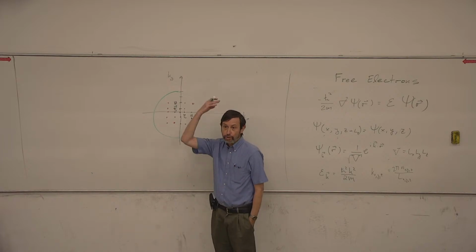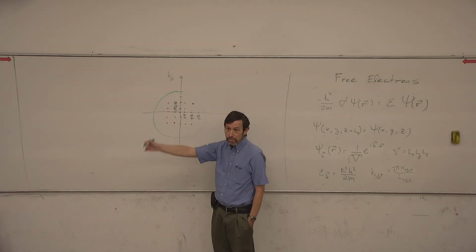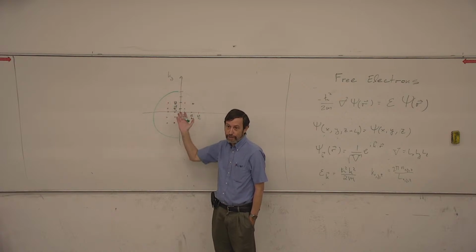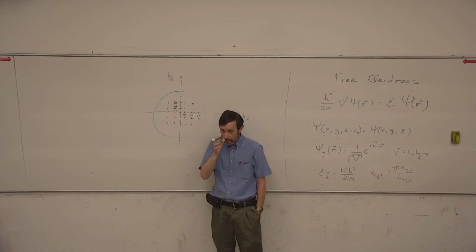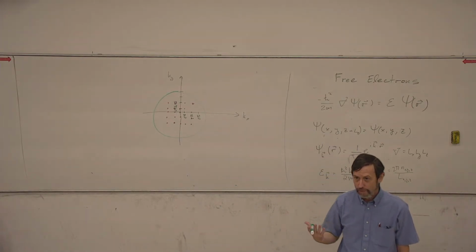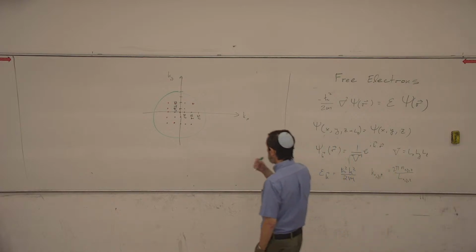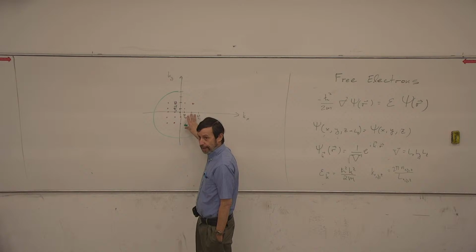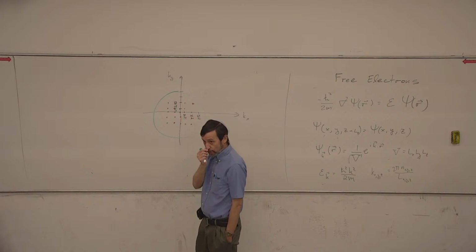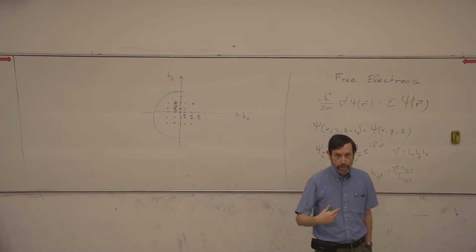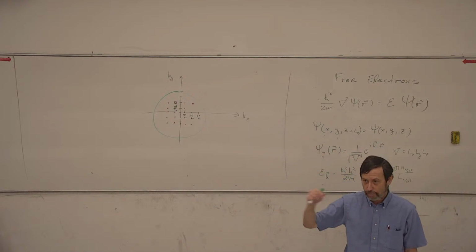If the temperature is extremely high, I'll fill up at random these points, and I don't care how much energy it costs me. The temperatures are low. If the temperature is low, then I'll be forced to fill up only points as close as possible to the origin, because any time that I move further out of the origin costs me more energy.